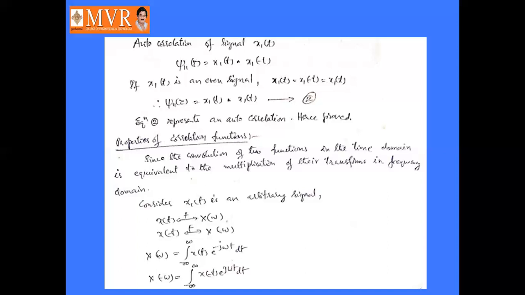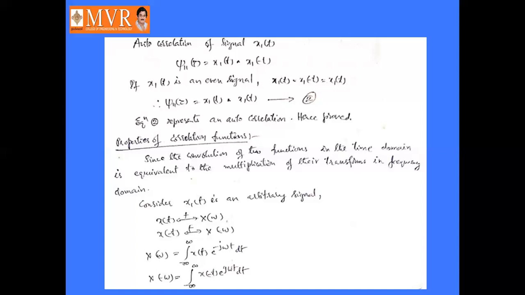Since the convolution of two functions in the time domain is equal to multiplication of the transforms in the frequency domain, as we already know, convolution in the time domain becomes simple multiplication in the frequency domain, right?